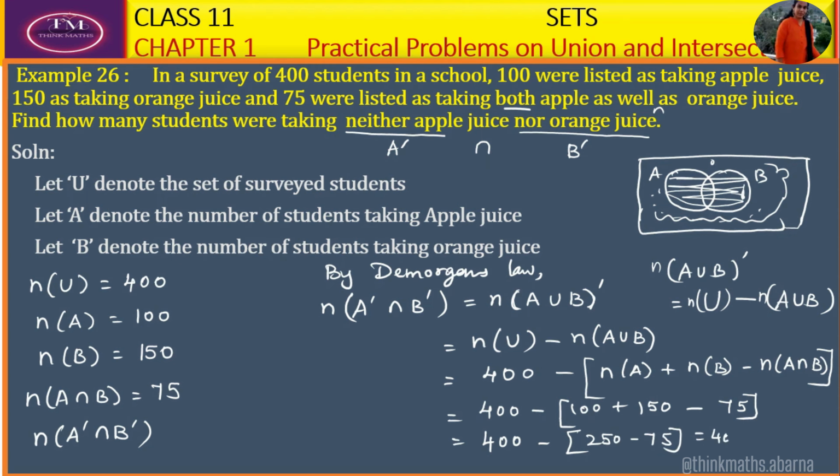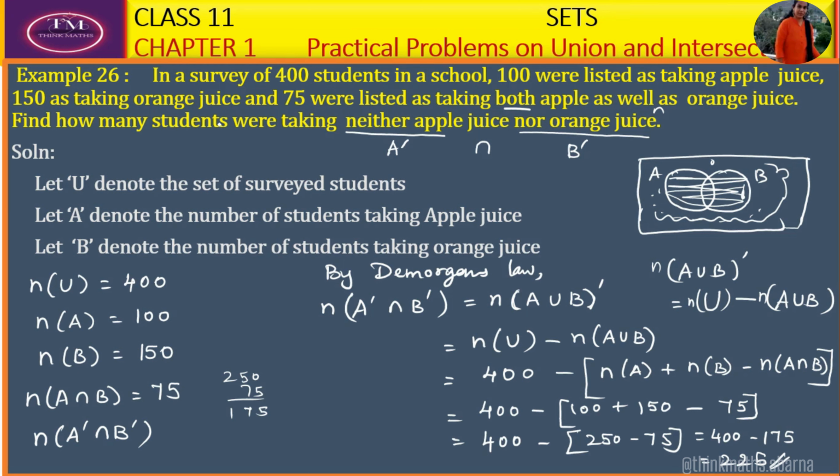What is 250 minus 75? It is 175. So what will be 400 minus 175? It will be 225. That is, students who are taking neither apple juice nor orange juice equal 225.